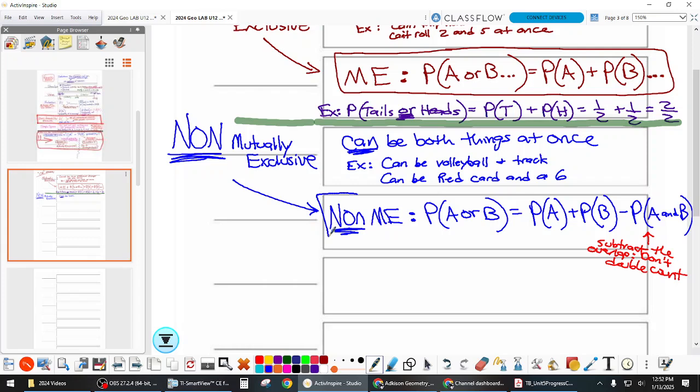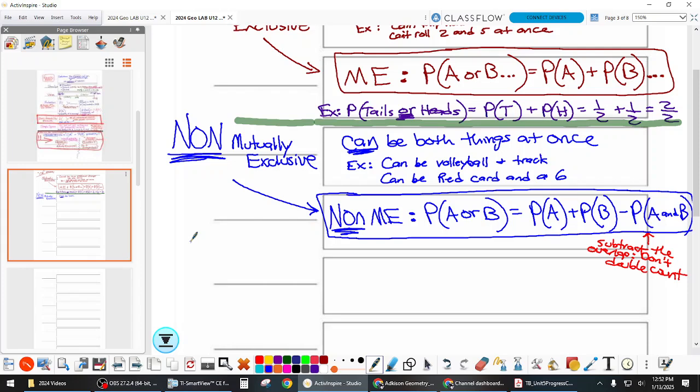And then definitely box this one as well. Alright, so in terms of OR probability, these are the 2 formulas that we're going to use. So we're not going to add any more.